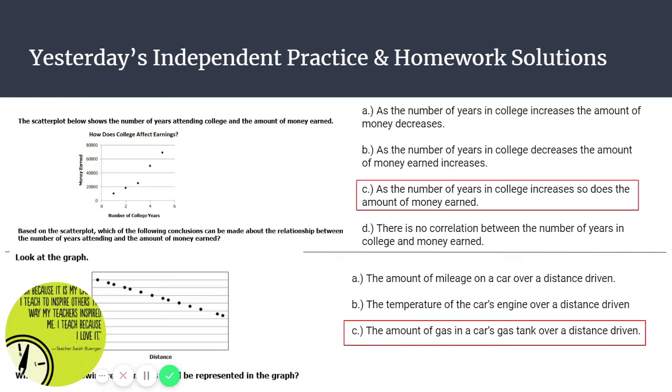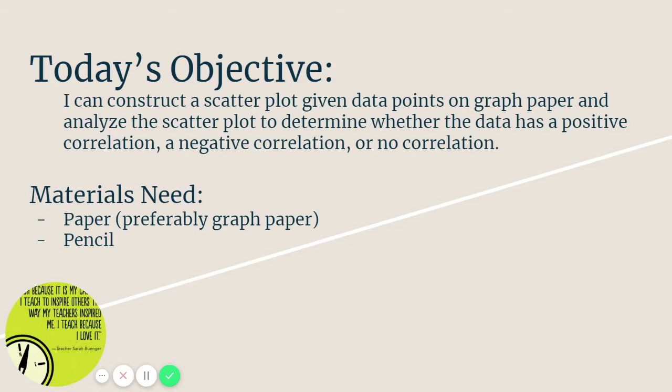If we look at answer choice A, the amount of mileage on a car over a distance driven, of course, as you drive, you're putting more miles on the car, so that would be a positive correlation. And for B, the temperature of the car's engine over the distance driven. So that could change as well because the more you're driving, you could have an increase in the temperature for the car's engine.